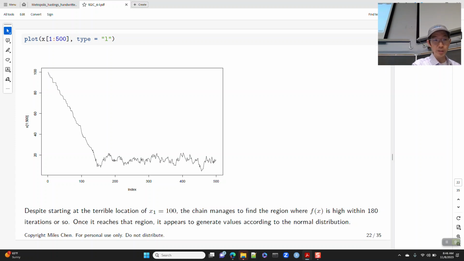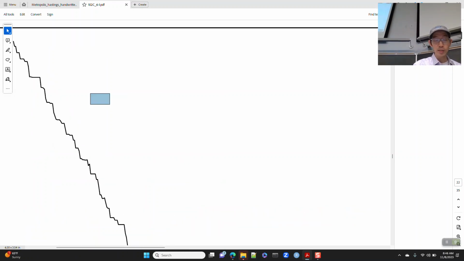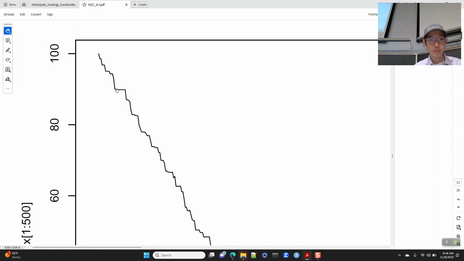If I zoom in here, we can see there's a few locations where, so here I start off at 100 and I probably proposed 98 or whatever, and I end up moving there.